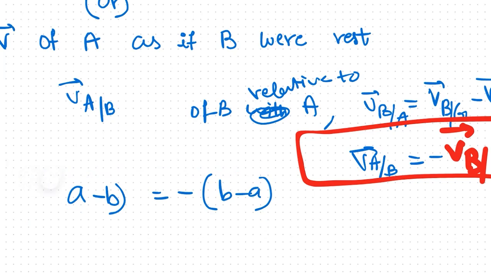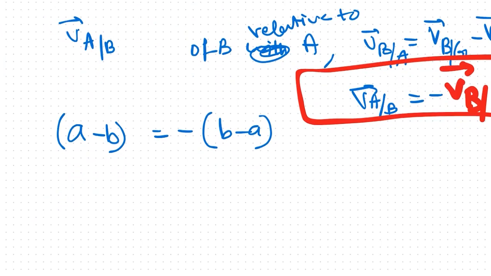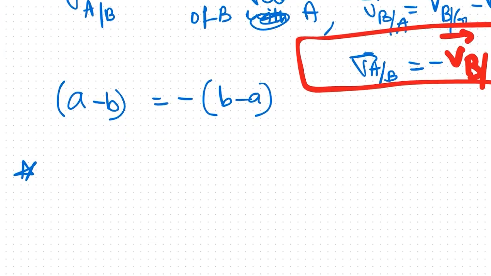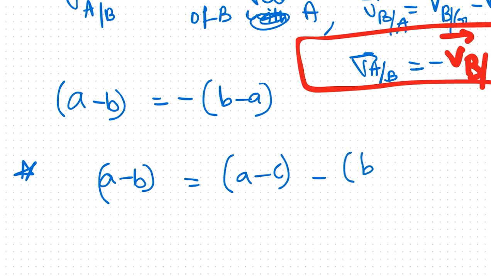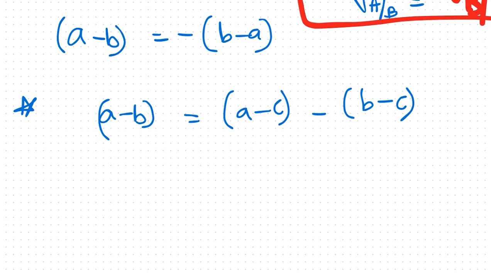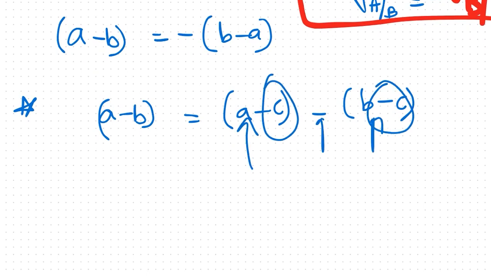So let's talk about it. The formula can be modified also. We are talking about algebra in general: if I introduce some third party, let's say C, can I write A minus B plus C minus C?